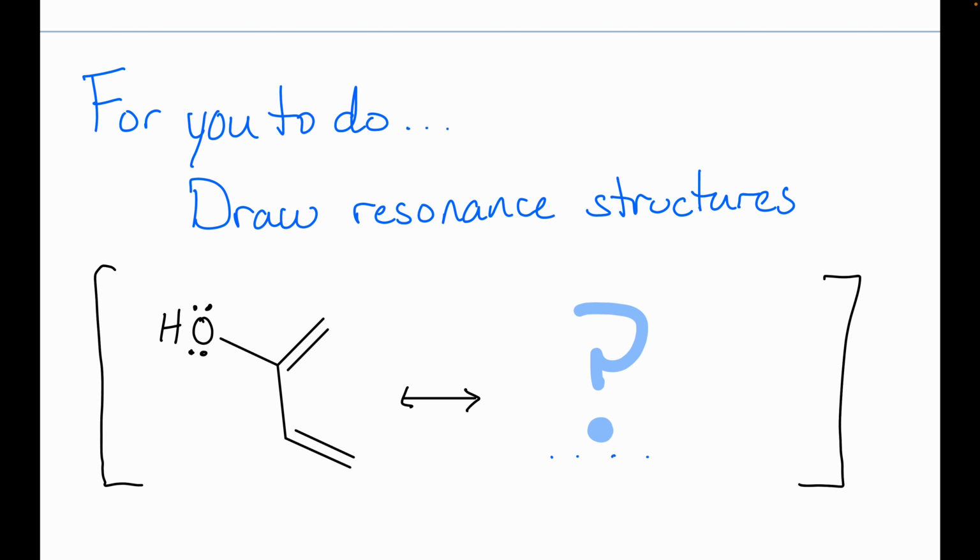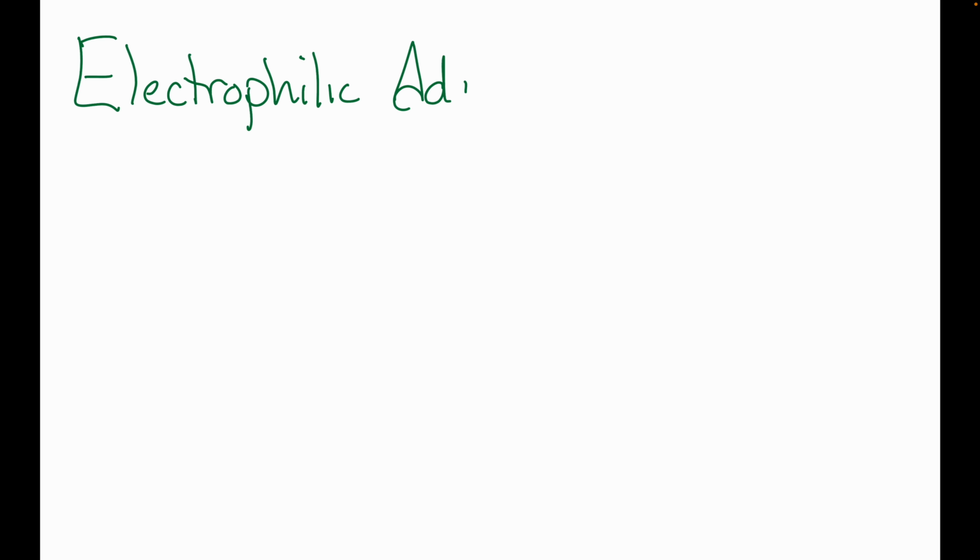Cool. All right, because we're going to switch gears now. We're going to talk about our last reaction of our conjugated dienes here. This is what's called an electrophilic addition to our conjugated dienes.